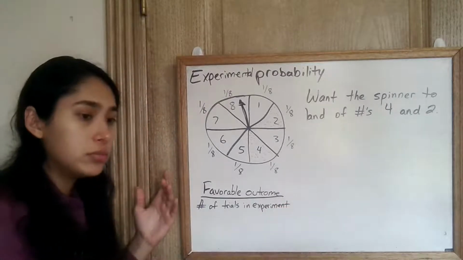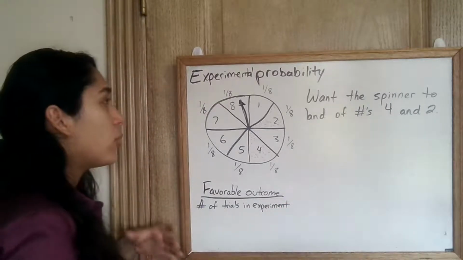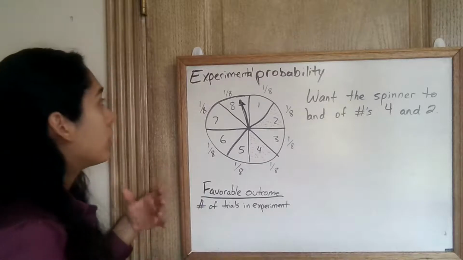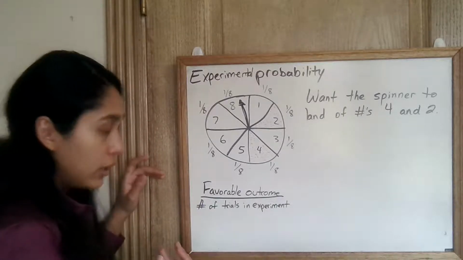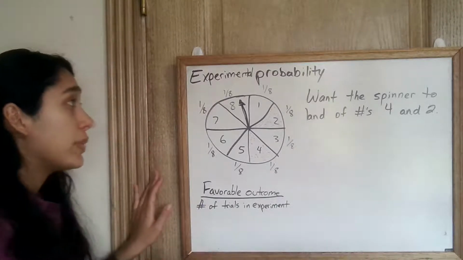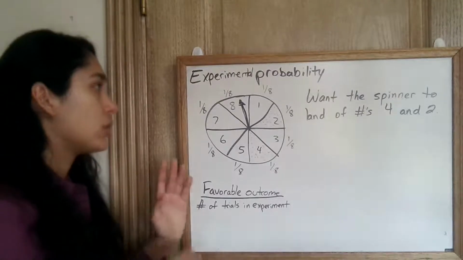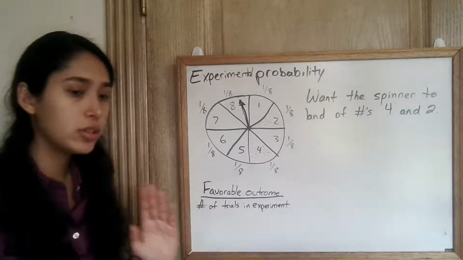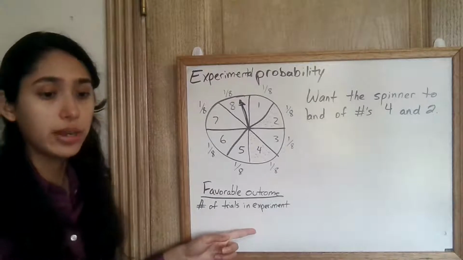But overall, the formula is very similar between experimental probability and simple probability, that even if you were to get them confused, your math would still be correct.